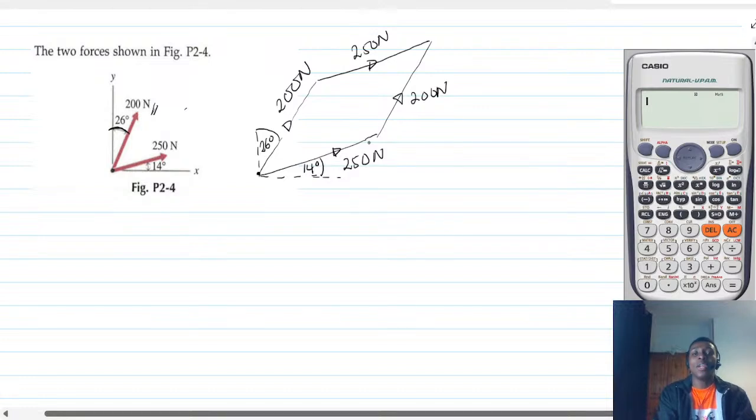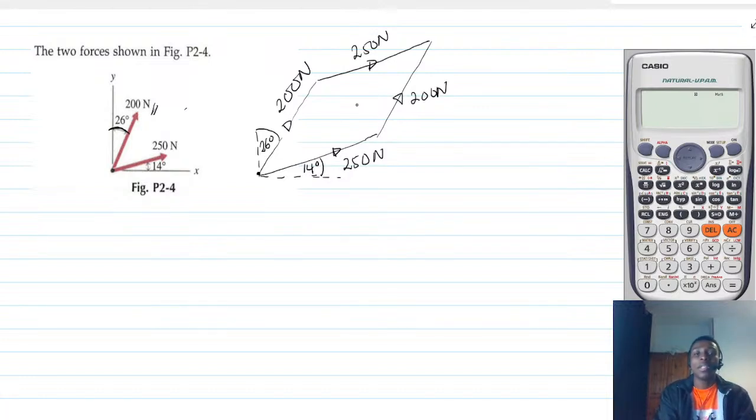Basically we are drawing a parallelogram, and the parallel sides are equal, but they are opposite to each other. That's why we call it the parallelogram. Now if I draw a line to join the diagonal, then I will have this as my resultant. So that is all about the parallelogram law.